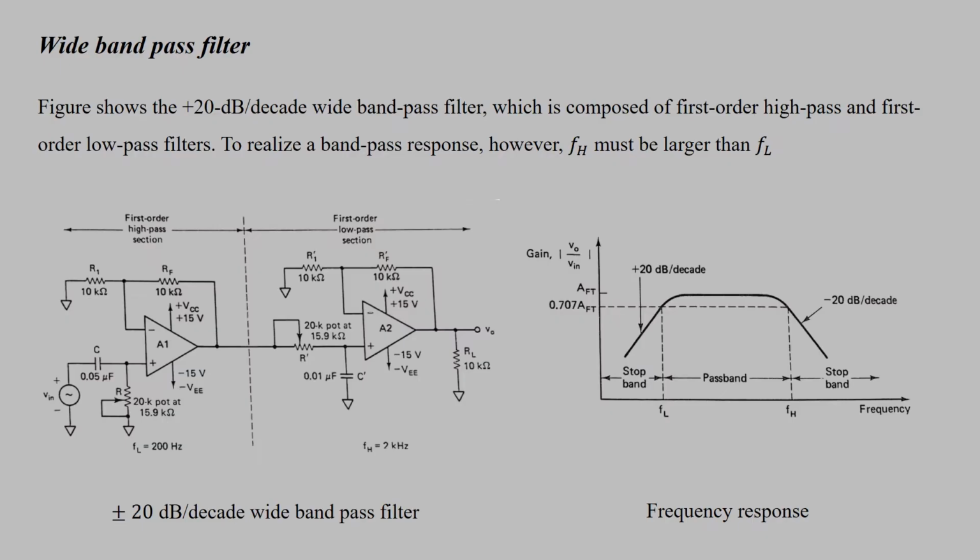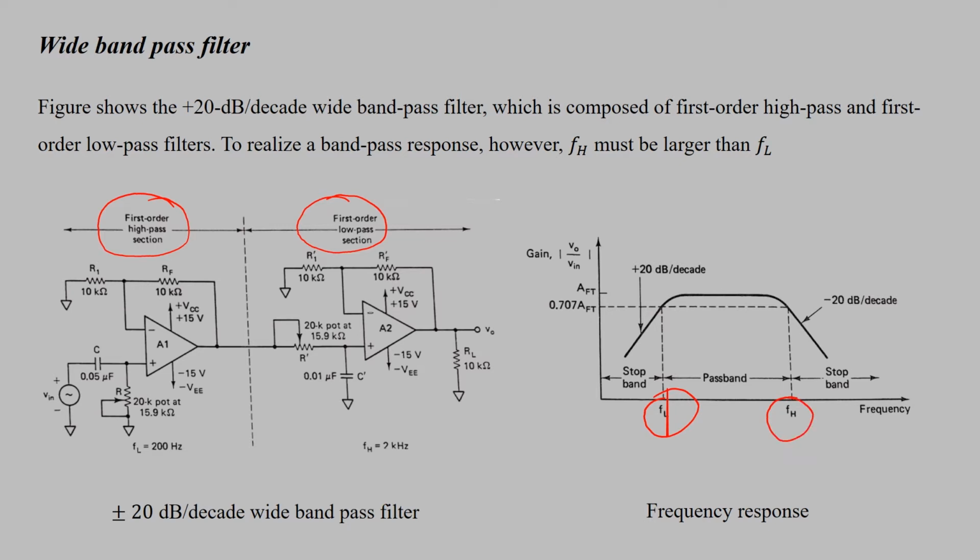Here you can see we have the first order high pass section and the first order low pass section joined in cascade. For the high pass section, FL is the cutoff frequency, and for the low pass section, FH is the cutoff frequency.